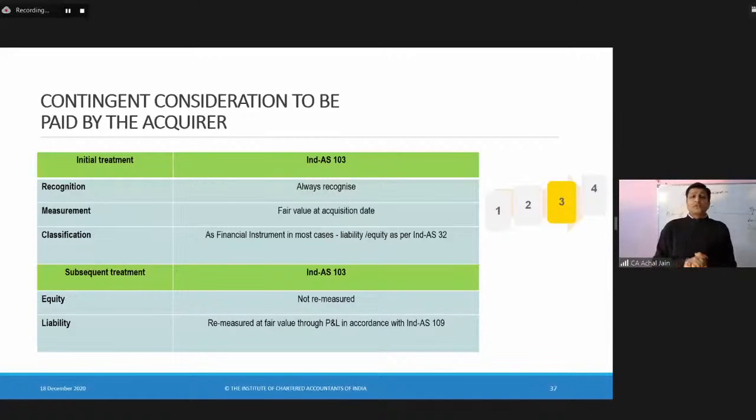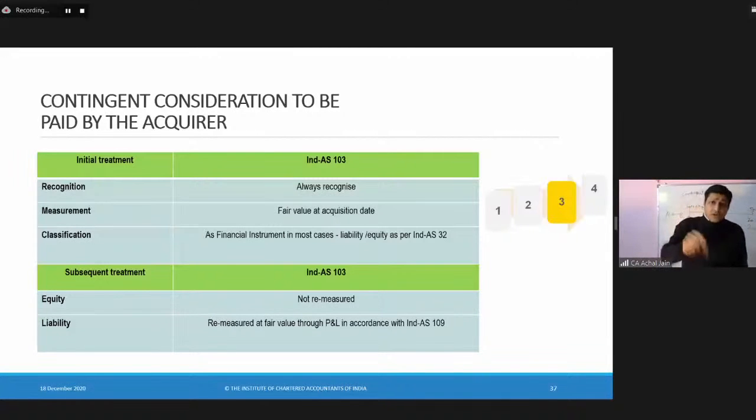Now, another thing which you need to analyze, and which is important for all of you, considering that you are saying, no, sir, we remember financial instruments. So let me go back to that point here.